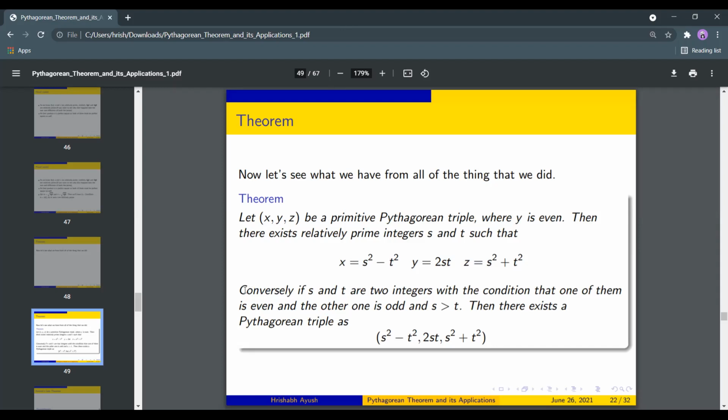So we can also make a converse of it. We can say that if s and t are two integers with the condition that one of them is even and s is greater than t, so why can't we take t greater than s in this case? Does anyone see that? Yeah, x would be negative, and lengths can't be negative. Actually, they can be, but not in Euclidean geometry.